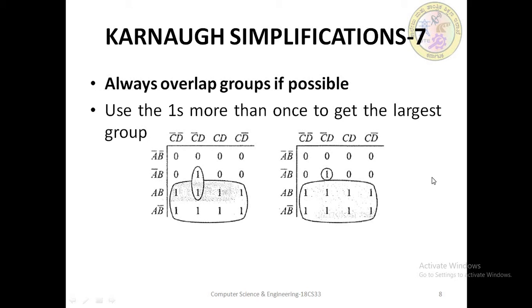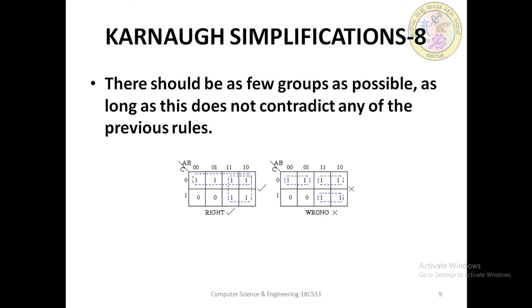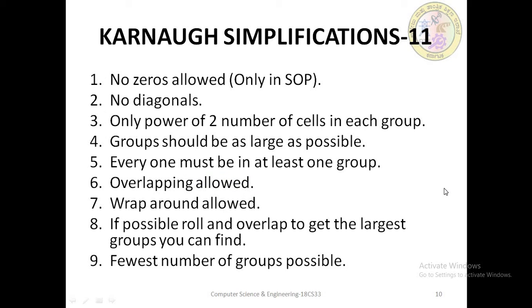So it's an added advantage, and the number of variables in the expression can be reduced. We have already seen this example. There should be as few groups as possible, as long as this does not contradict any previous rules. Yes, this is a good practice that we need to follow.